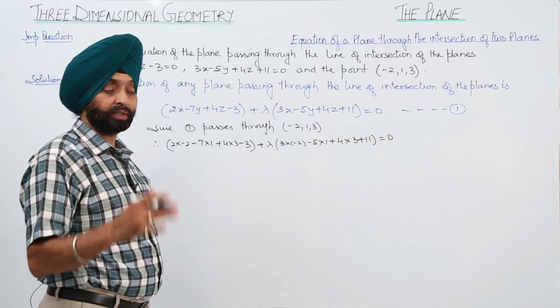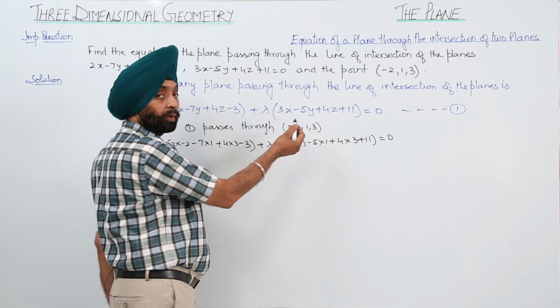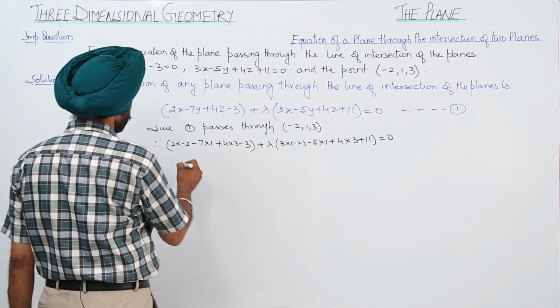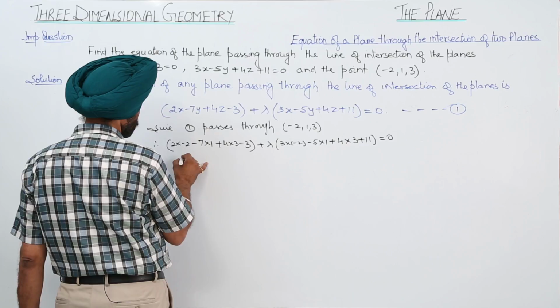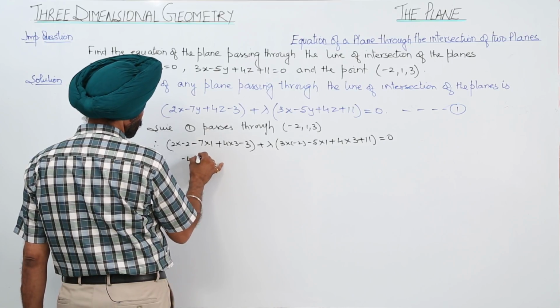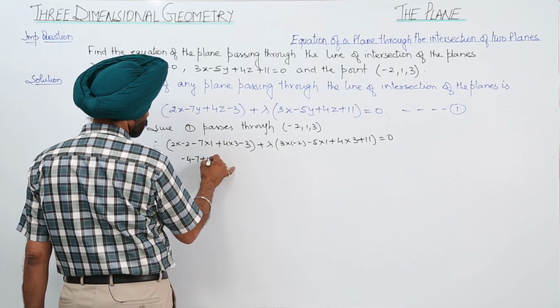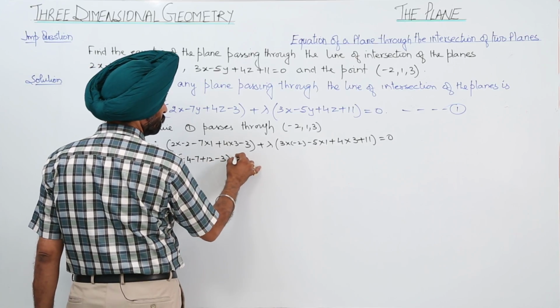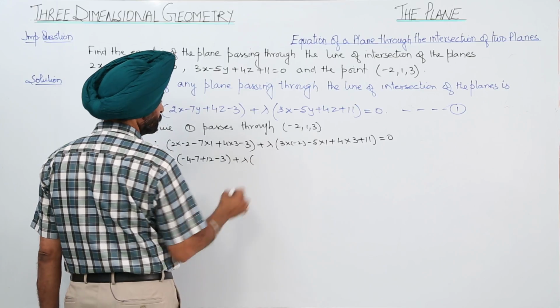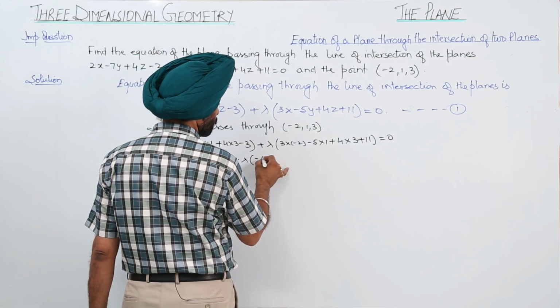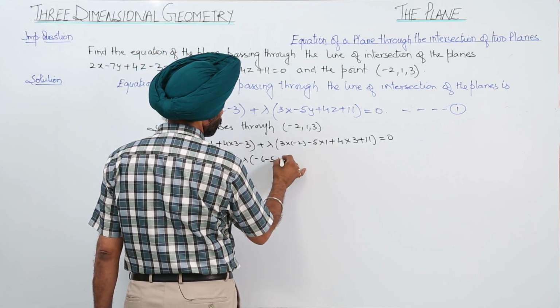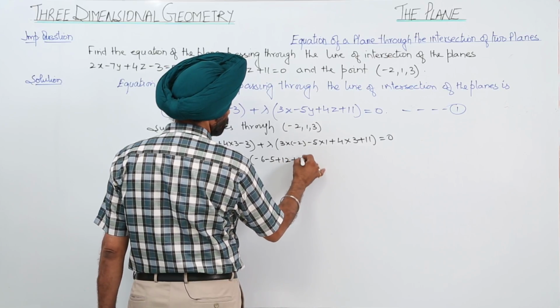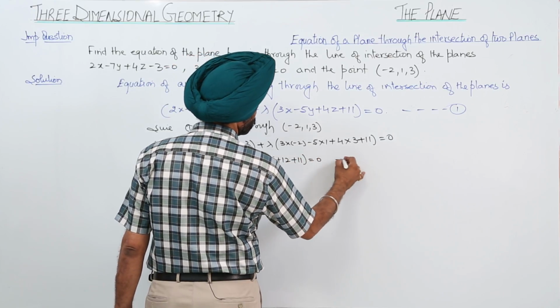In place of x, y and z, we have put the values -2, 1 and 3. Now, this becomes -4, -7, plus 12, minus 3, plus lambda (-6, -5, plus 12, plus 11) is equal to 0.